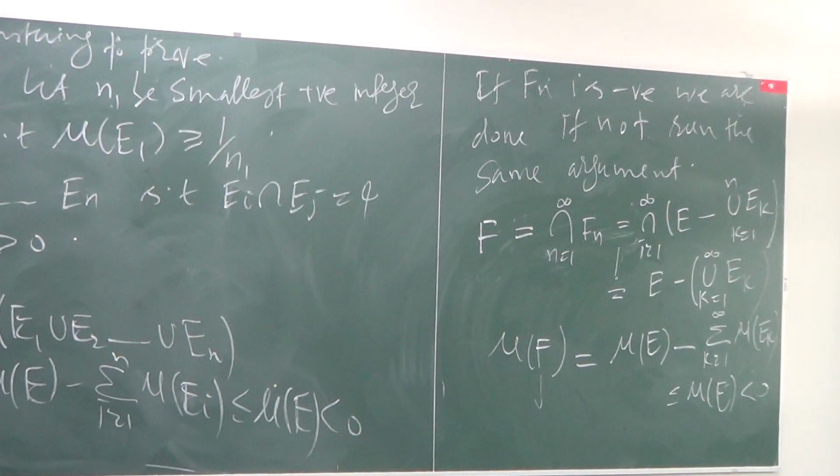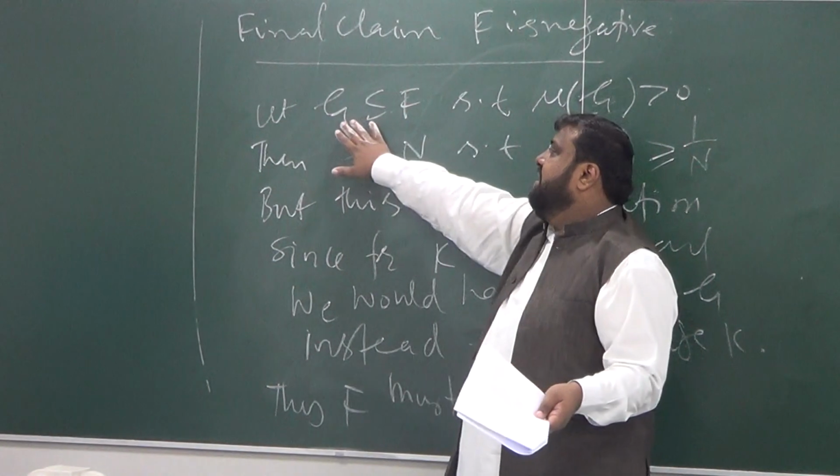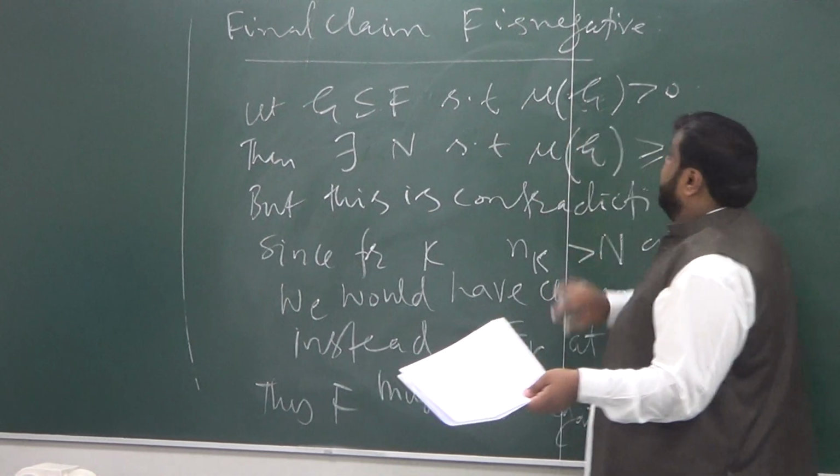Suppose F is not negative. Then there must be some part of it, G, which has a positive measure.